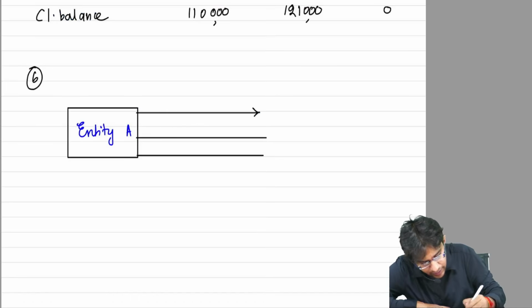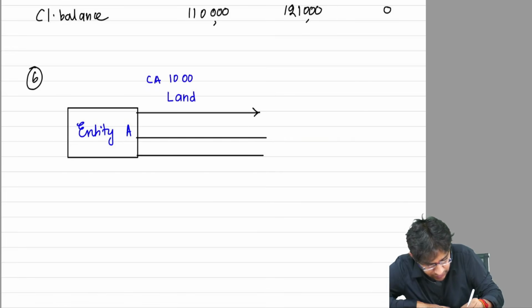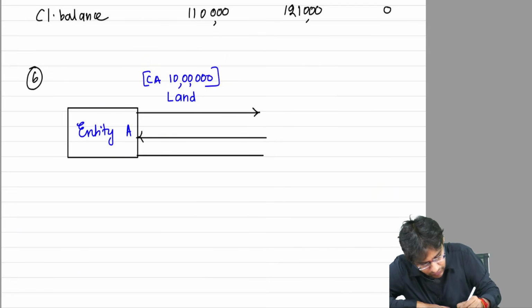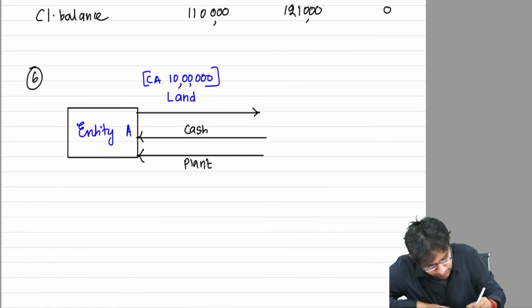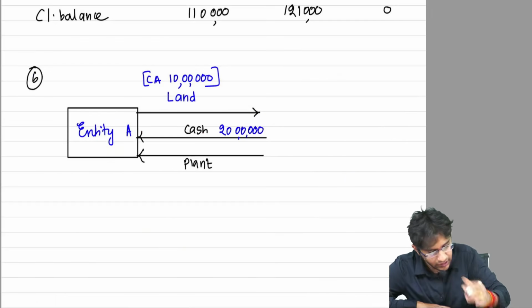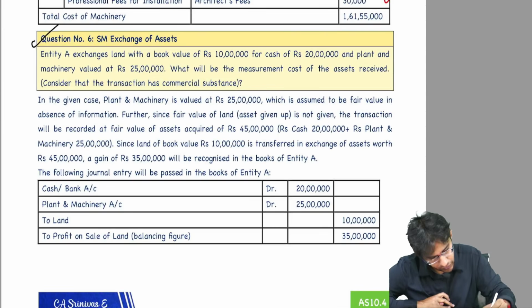So you gave up land whose carrying amount is 10 lakhs, the book value. In return, you received cash also, and you received some plant also. Cash 20 lakhs. Now the plant value is 25 lakhs.